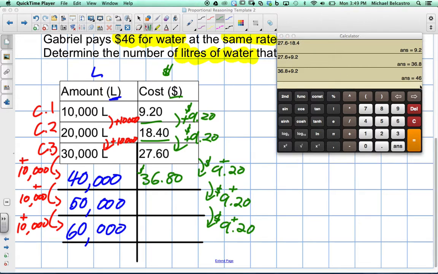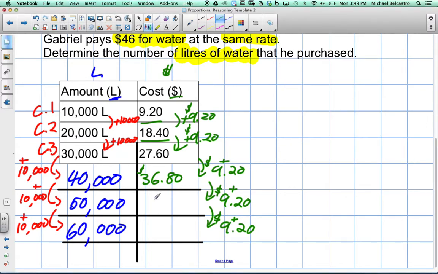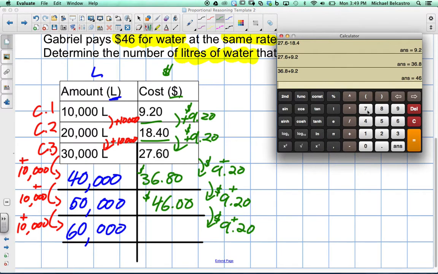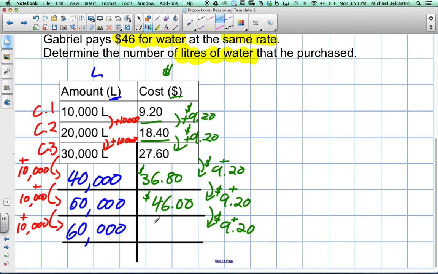We got that $46 when we added this together. We can put our 2 zeros for our cents. Excellent. And finally, we should increase it one more just to complete our table, though many of you may have realized that we might actually be done at this point. Let's take our $46 and add our $9.20, and that gives us $55.20. So we will write that in, $55.20.